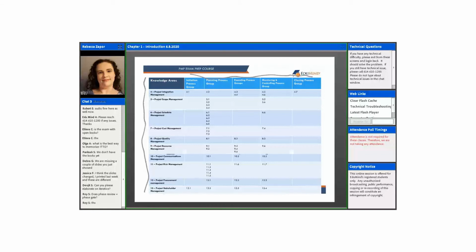You've got planning, 3 of them in executing, and then 1 in monitoring and controlling. Communications, 1 in each of the 3, and then risk. Again, you've got planning, executing, monitoring and controlling. Procurement has 3 different processes, and then stakeholder has 4. So you're in initiating, planning, executing, monitoring, controlling.